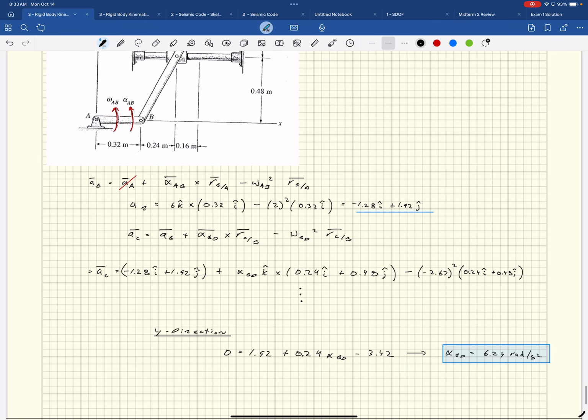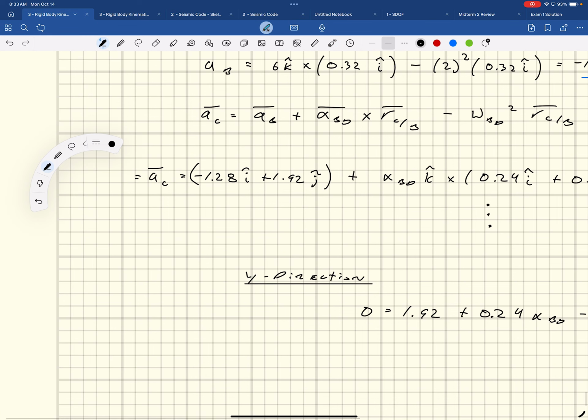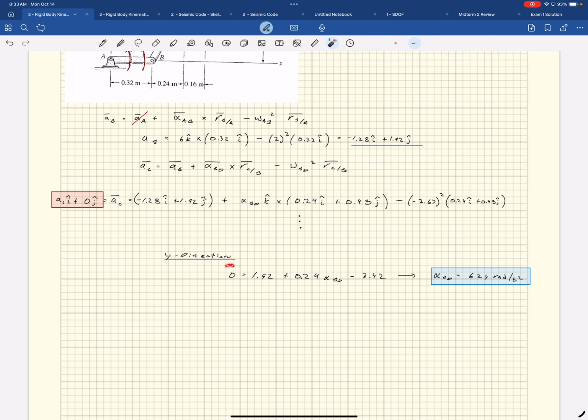The constraint was this A_C. You say it's only in the I direction, so A_C in the I direction plus 0 in the J direction. That's the constraint. I should have included that. So when you're looking in the J direction, this 0 came from that 0 in the J.